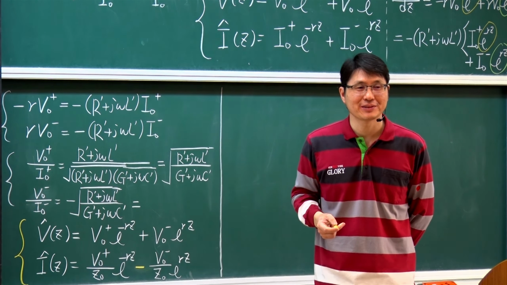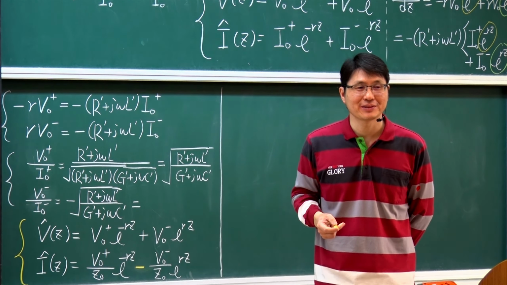So you only have the voltage amplitudes remaining to be solved. But now the issue is the positive voltage divided by the positive current amplitude is indeed the characteristic impedance. It's provided for you. It's a transmission line parameter.